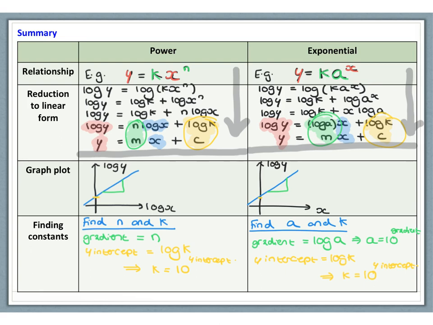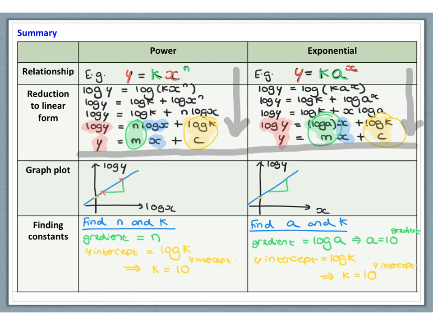So remember, when you're calculating the gradient, try and make your right-angled triangle as large as possible, and don't use data points from the data table. So use the line of best fit to identify 2 points which are hopefully far apart from each other.